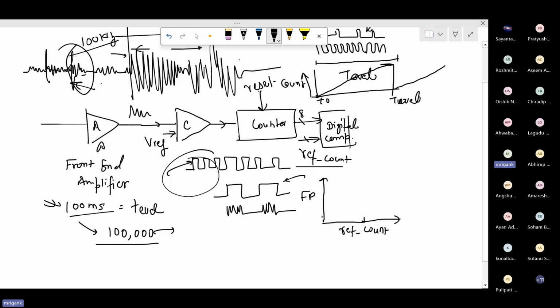For a very small reference count, you will get a large number of false positives, and after a certain reference count, it will drop to zero or close to zero. Increasing it further beyond this doesn't make any sense, it does not give you any benefit. Therefore, we'll stop close to this point, right?